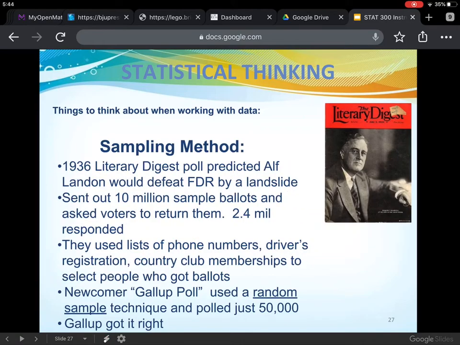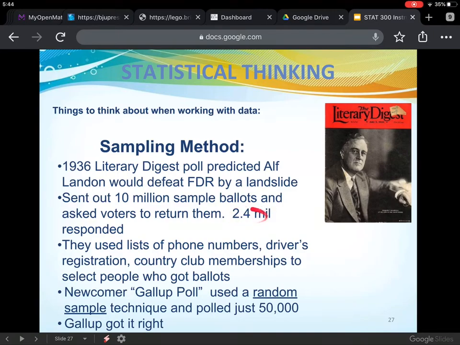Okay? Sampling method. How you collect information is very important. So for instance, the 1936 Literary Digest poll predicted Alf Landon. Do you even know who Alf Landon is? Probably don't, because you know who FDR is, who beat him in a landslide. So the Literary Digest poll sent out 10 million sample ballots, asked voters to return them, and 2.4 million responded.